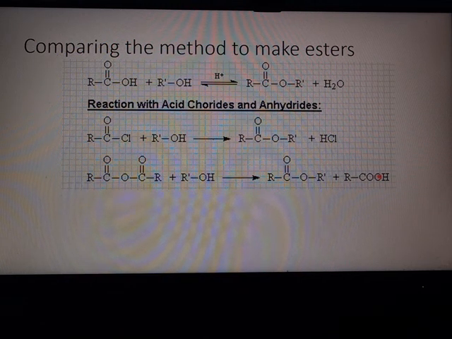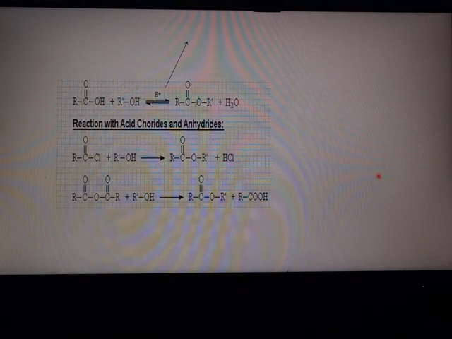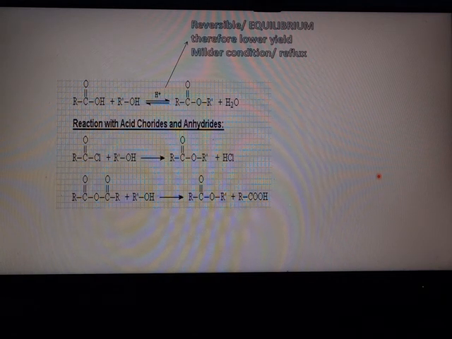So if we review the 3 methods, so this one is reversible, so it's an equilibrium. Therefore you get a lower yield. The conditions are mild, okay, so that's an advantage, and it's done under reflux.